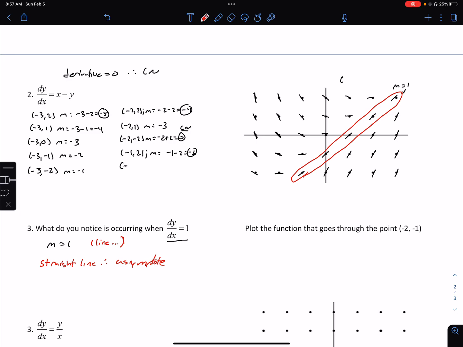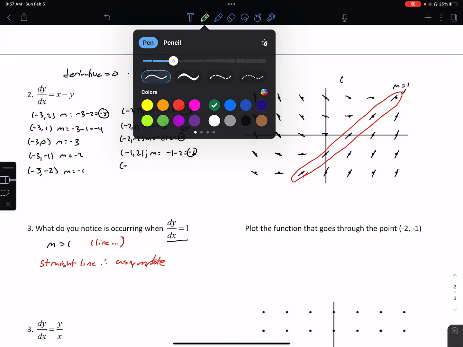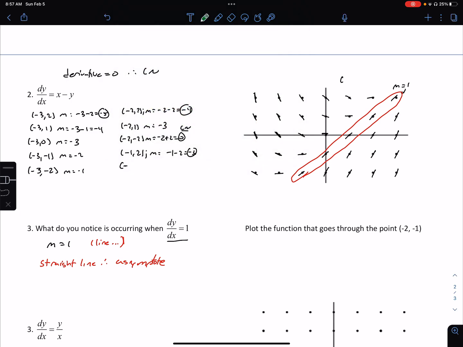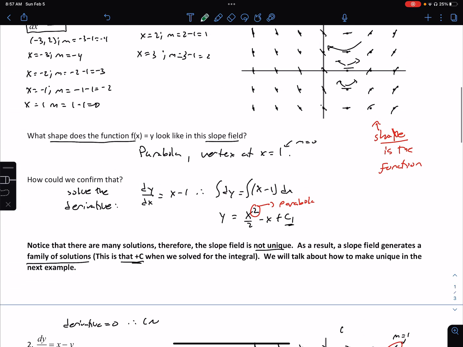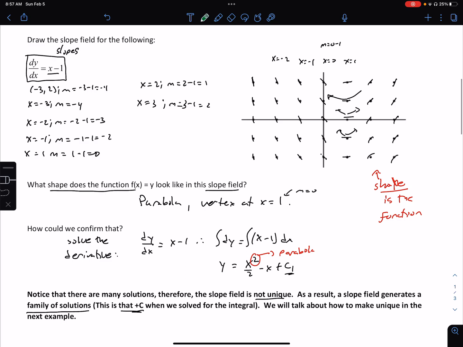Now the next question is really kind of neat because now they're saying, let's make this unique. We talked about this earlier. Up above, in example number 1, when we graphed the slope field, we said this was not unique. And that's because we're given this plus c right here.